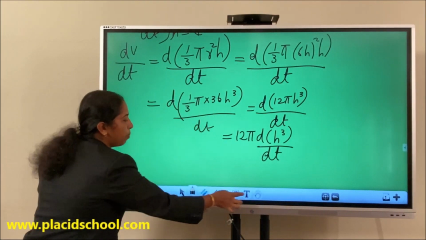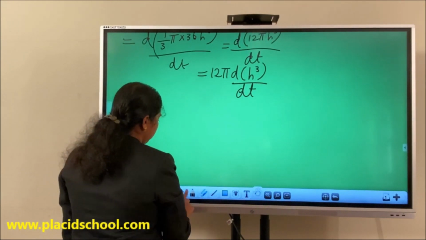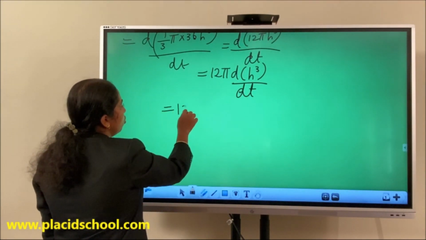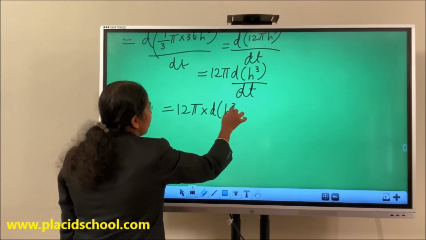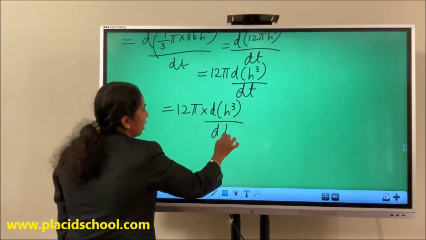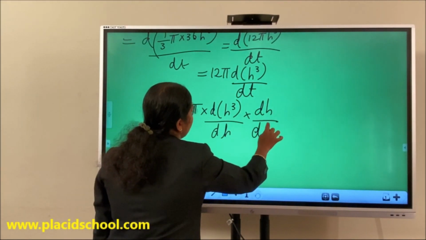Now I am going to apply the chain rule of derivatives. This is equal to 12π into the derivative of h³ with respect to height into dh/dt.